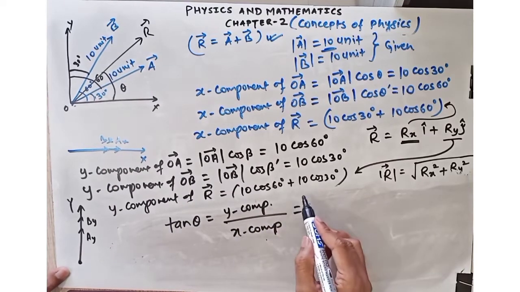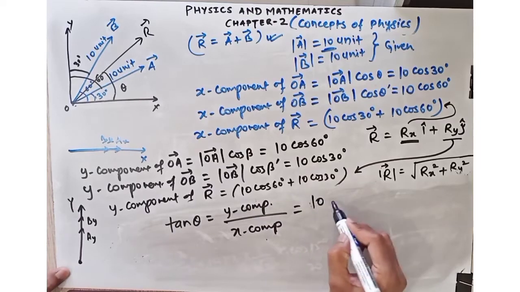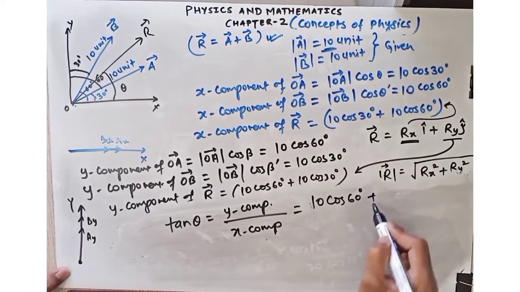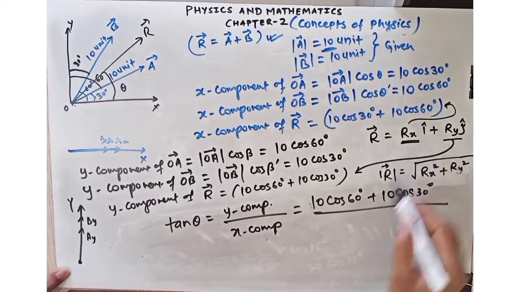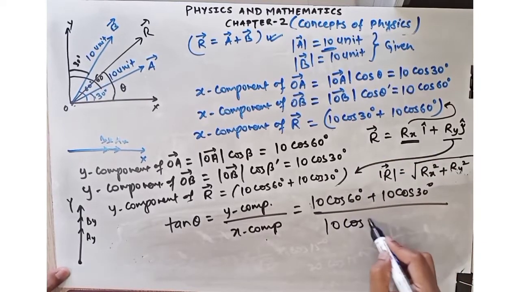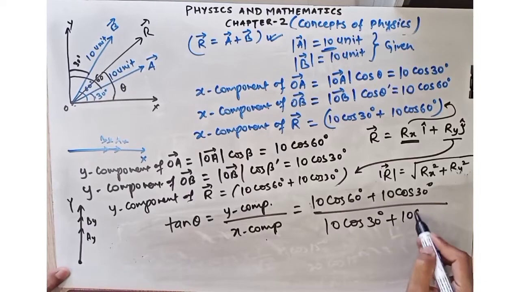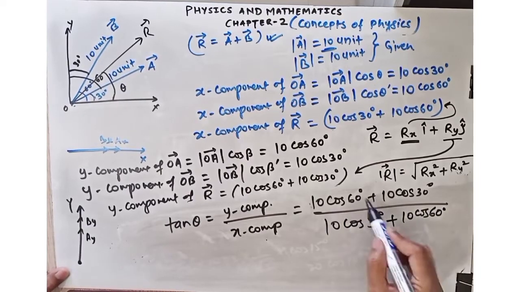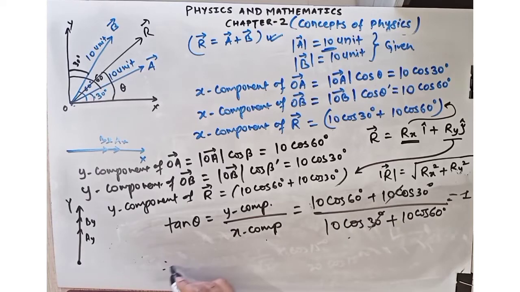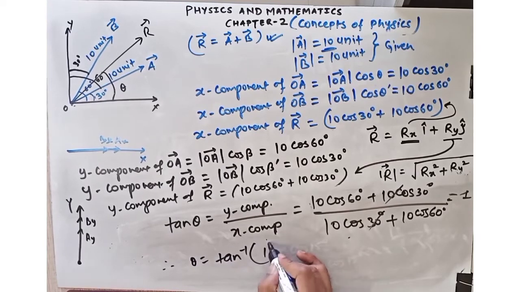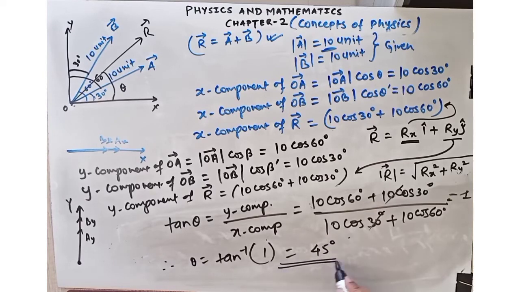And the y component of the resultant vector is 10 cos 60 degrees plus 10 cos 30 degrees, upon 10 cos 30 degrees plus 10 cos 60 degrees. So both numerator and denominator are the same, just the values are interchanged. So which value of tan is 1? So theta equals tan inverse of this value 1, so it would be 45 degrees with the x-axis.